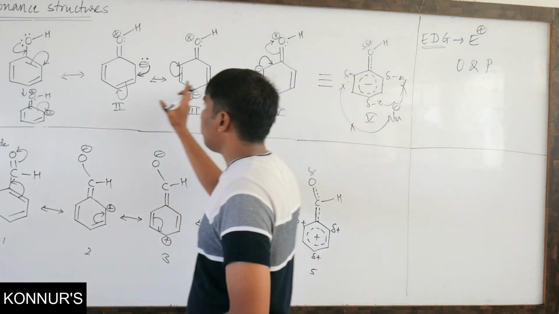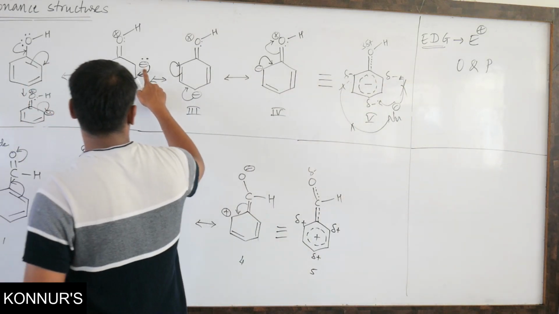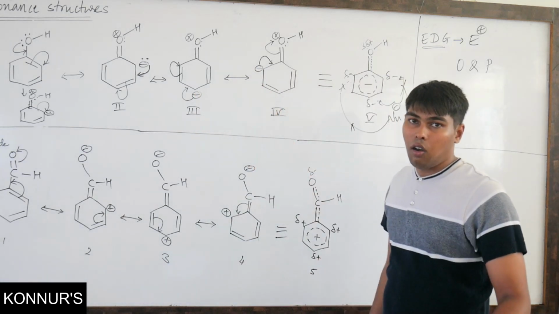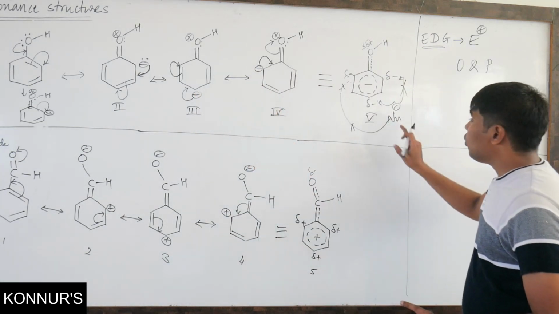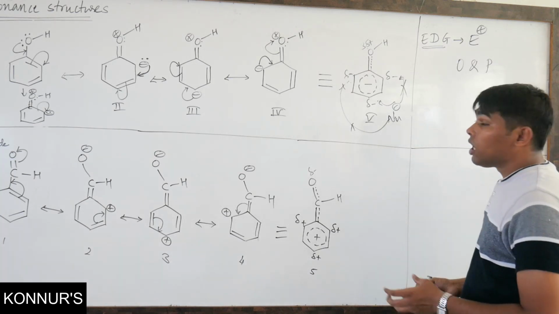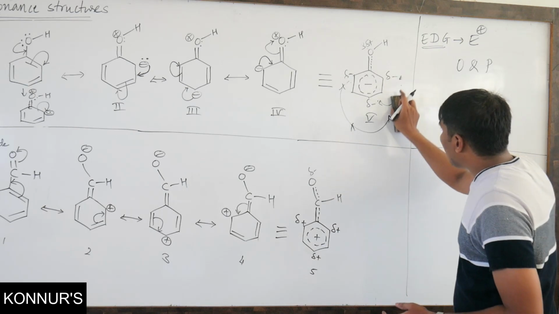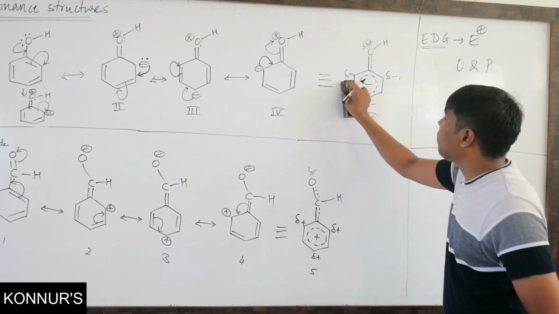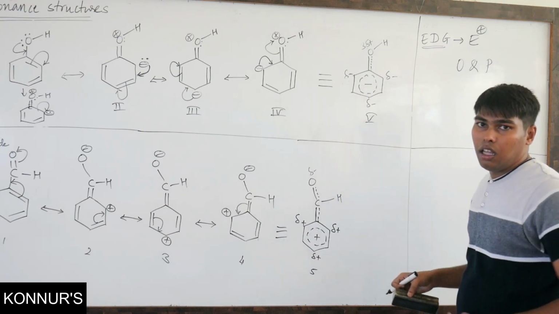If you see all these resonating structures, electron rich ortho, electron rich para, again electron rich ortho position. So the nucleophile is also electron rich. It will not attack the electron rich center. It is going to attack that carbon which is slightly electron deficient compared to all these.